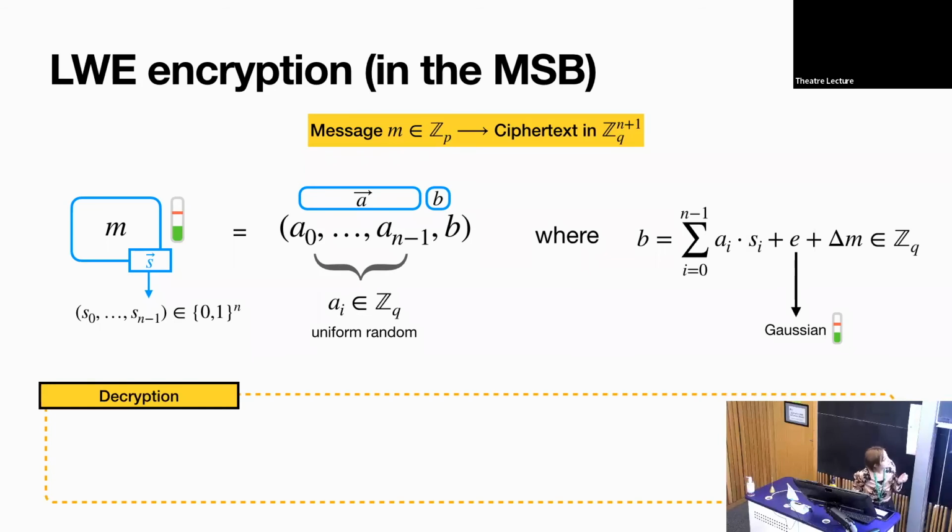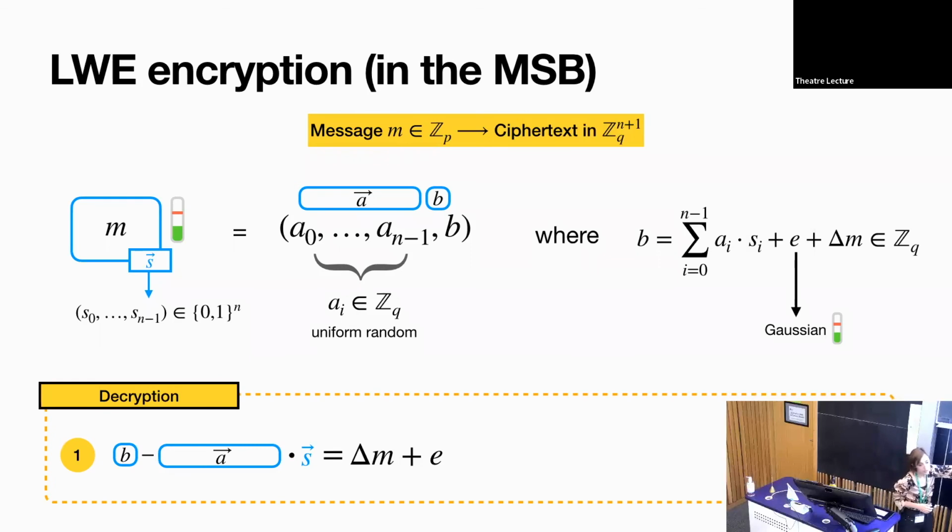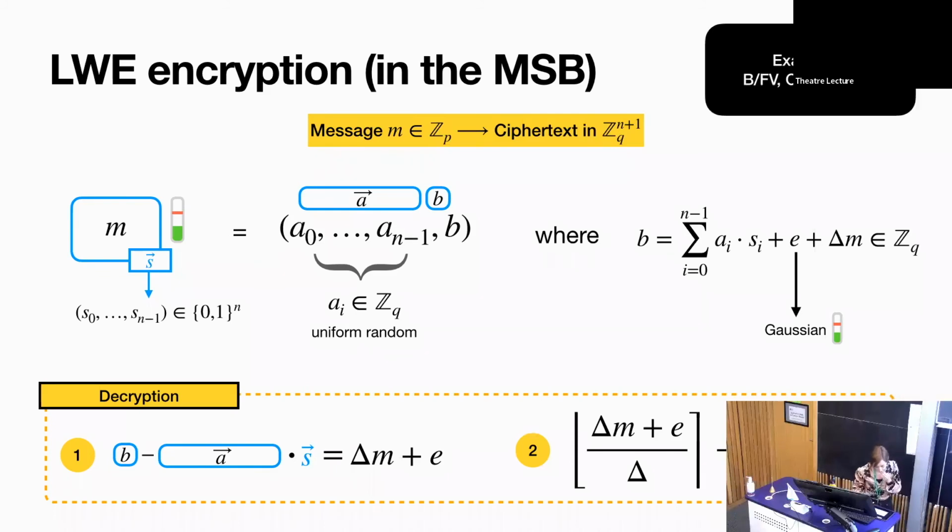In order to decrypt, you start by computing B minus A times S. If you have the secret key, you can compute this operation. If you solve the math, you notice that this is equal to delta M plus the error. Once you have delta M plus the error, you rescale by delta and round. And if the error was smaller than delta over 2, this operation is correct, so you decrypt correctly.